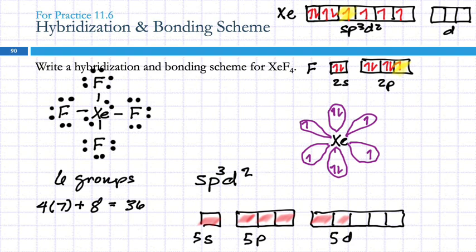So then our fluorines, so here's a fluorine. We're just going to draw the half-filled orbitals on fluorine to make it a little easier to look at. So fluorine has a p orbital that's half-filled, and that overlaps with a xenon half-filled orbital.